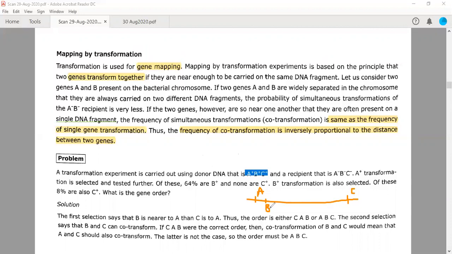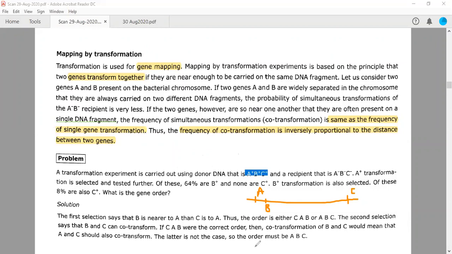So the order will be A, B, C. They are not present over the same fragment, but it can be broken from here so it will have B and C, but the possibility is only 8%.